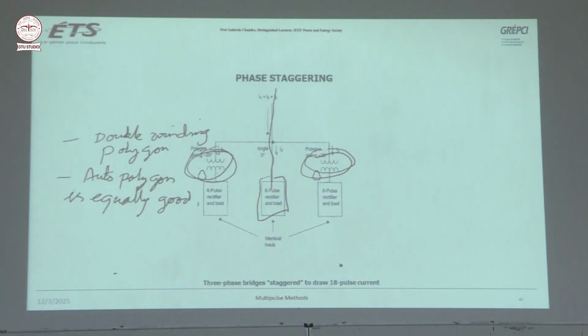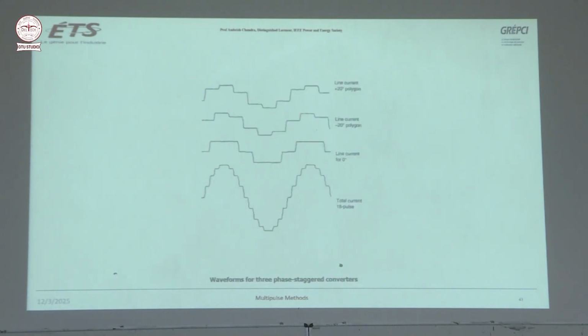Plus 20 degree and minus 20 degree. So this will give you plus 20 degree, this will give you minus 20 degree, and if you are directly connecting to the rectifier, this is giving you the very cheap option for 18 pulses. Basically you will get 18 pulses, right? Up to the 17th harmonic already limited.